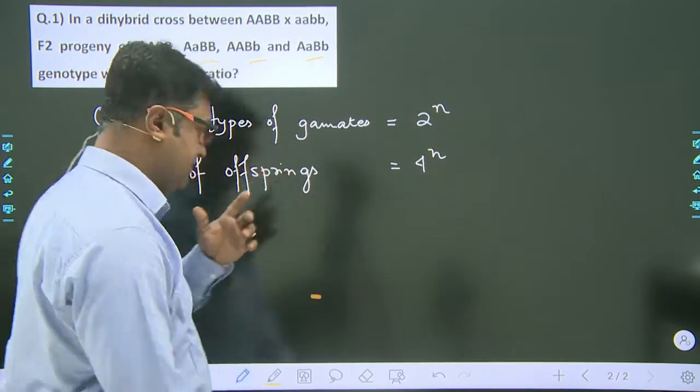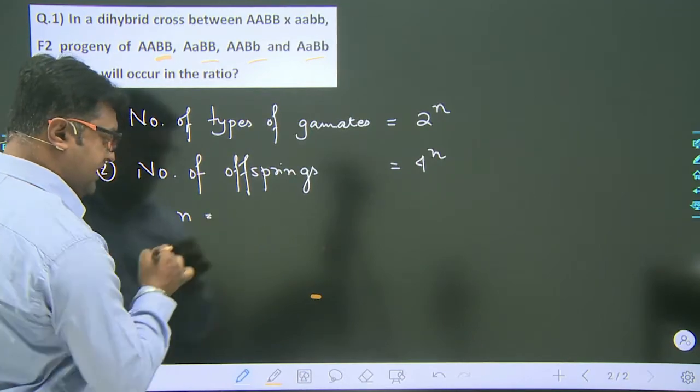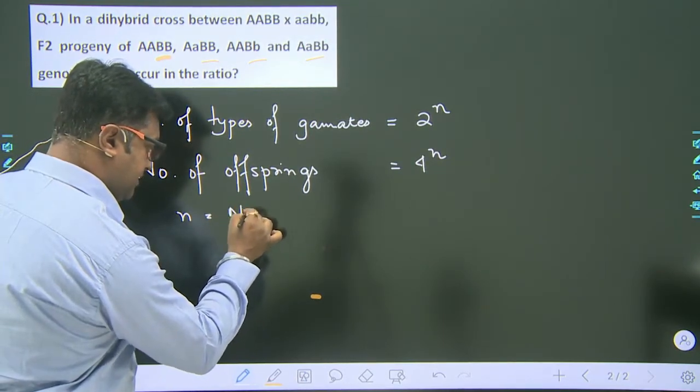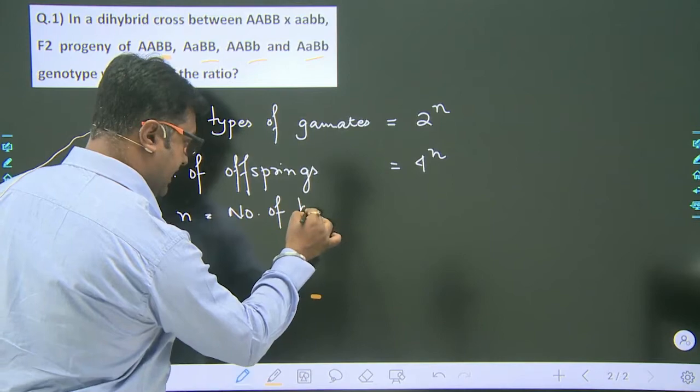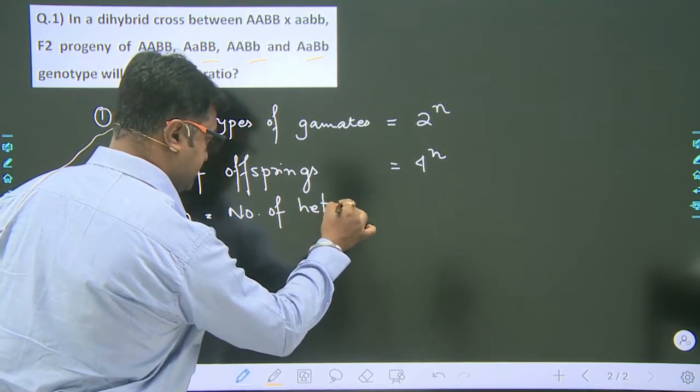In both cases, n stands for the number of heterozygous conditions.